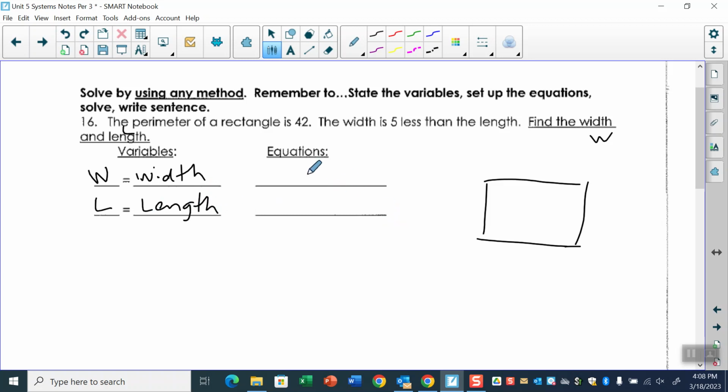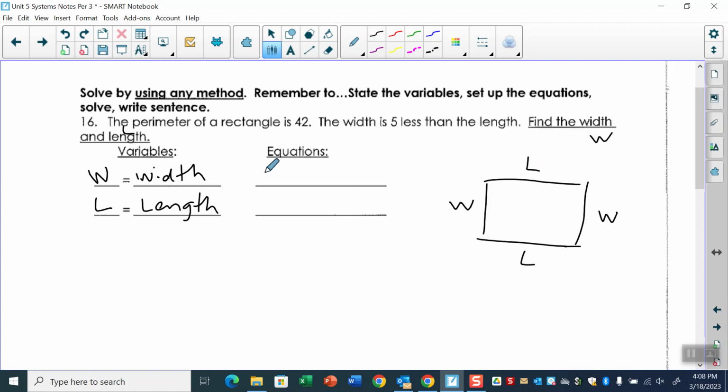Okay. And then you have two variables, so I'm going to write two equations. All right, so let's see. Here's the width, and here's the width. Here's the length, and here's the length, right?